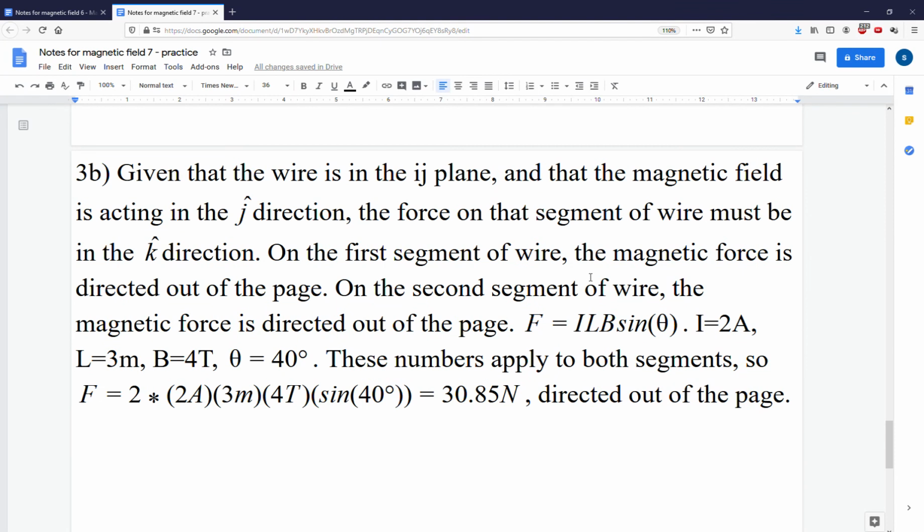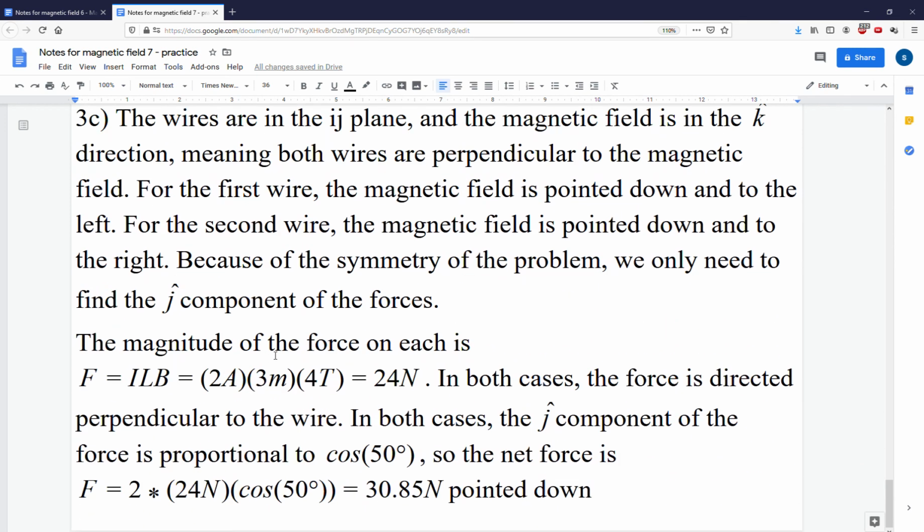Again, there are 2 wires, so we will need to multiply by 2. The total force will be 2 times the 24 newtons on a single wire times the cosine of 50 degrees, which gives us 30.85 newtons and is directed downward.